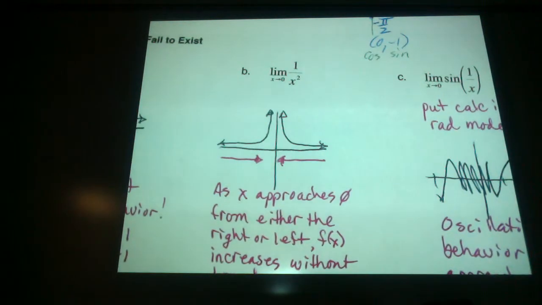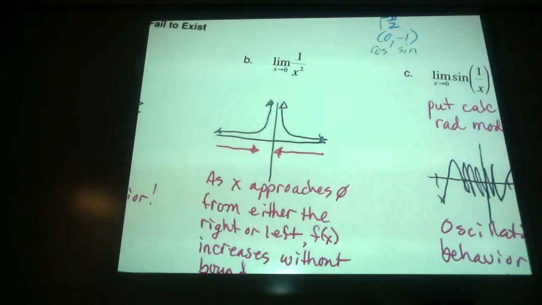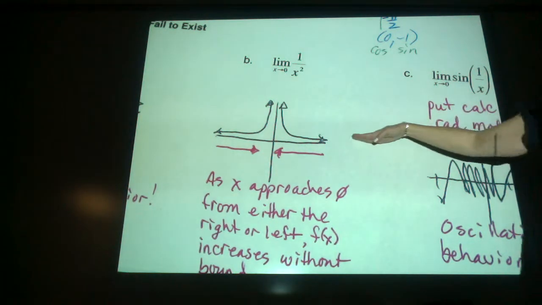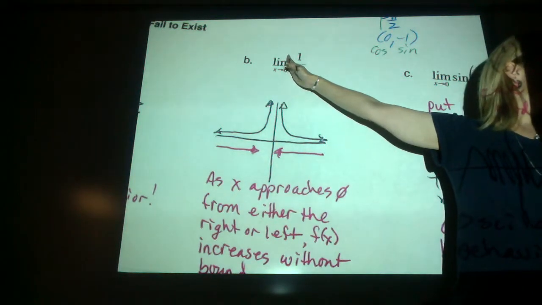This one's interesting because although I don't have a hole in my graph, isn't the y-axis an asymptote? Right? Because the graph is approaching the y-axis, but it is never going to cross it. Mostly because can x be 0? No. So as you approach the graph from the right, isn't the graph increasing without bound?